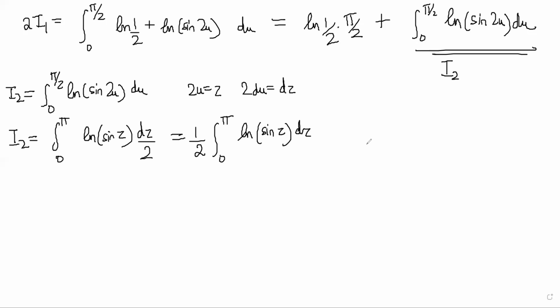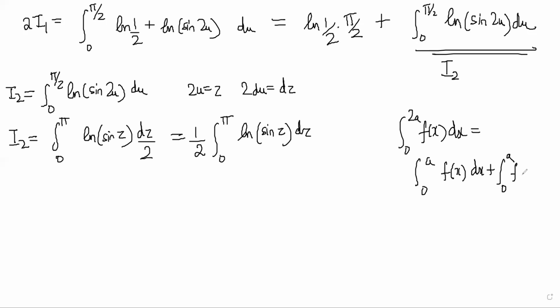Now we have a property of a definite integral. The property looks like this: integral 0 to 2a f(x) dx will be equal to integral 0 to a f(x) dx plus integral 0 to a f(2a minus x) dx. So this property we'll utilize here because I want to convert it into 0 to pi by 2, because that was my initial I1. So I2 will be equal to half of this integral.